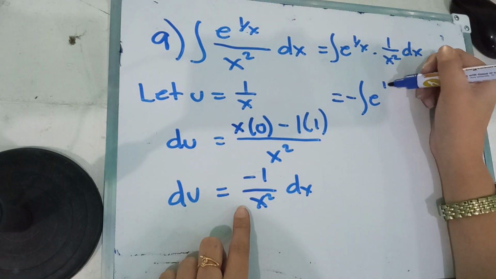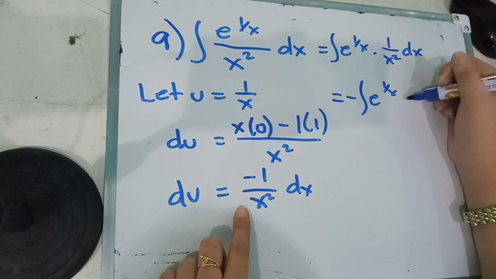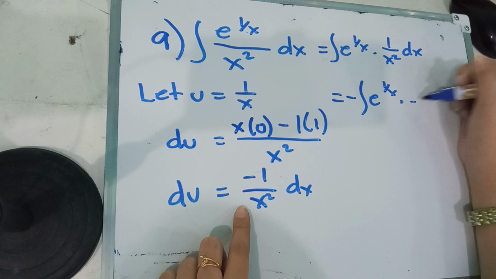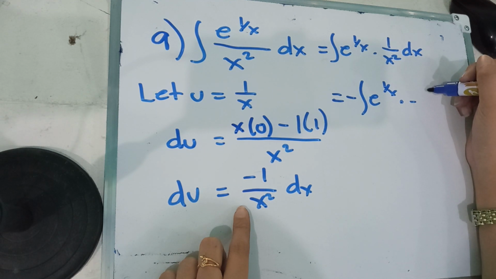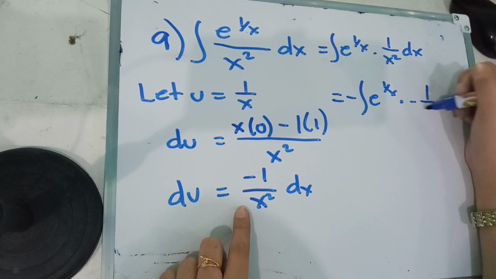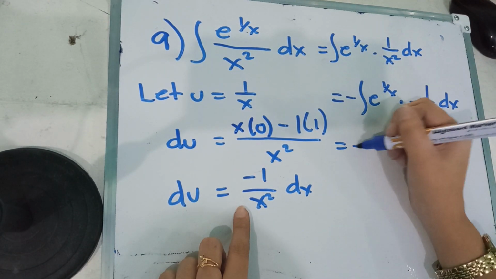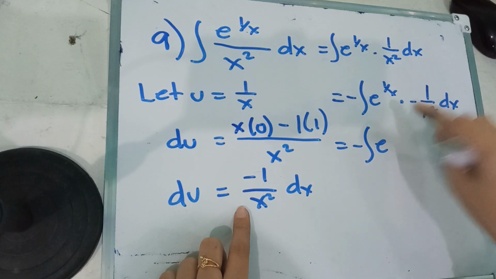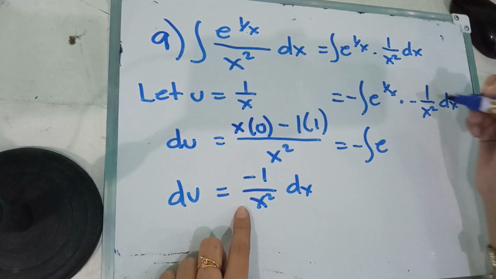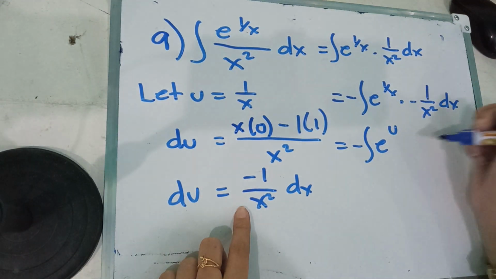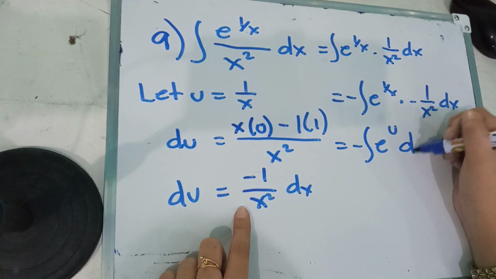e to the power of 1 over x. We can transform that into negative 1 over x squared dx. Using u substitution, that's the integral of e to the power of u du.